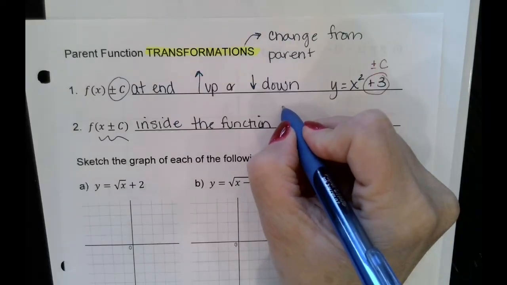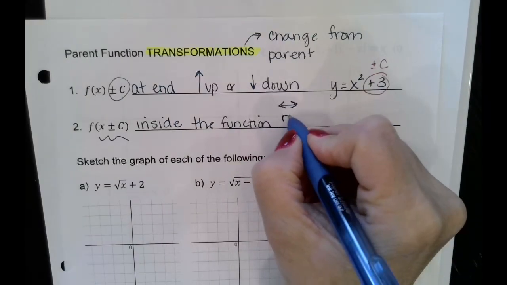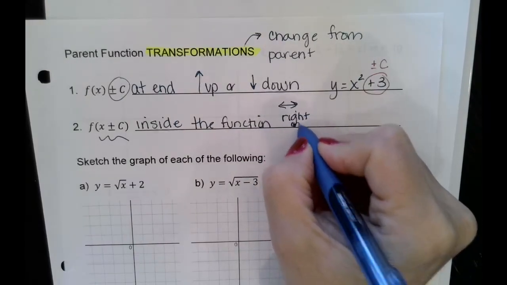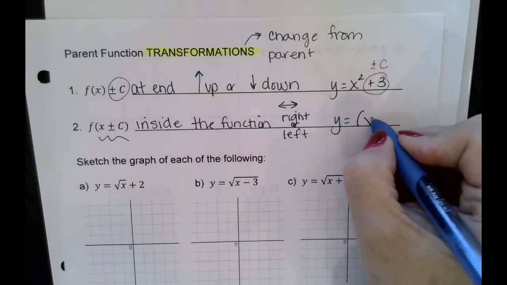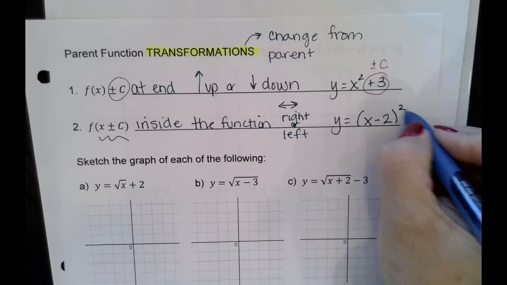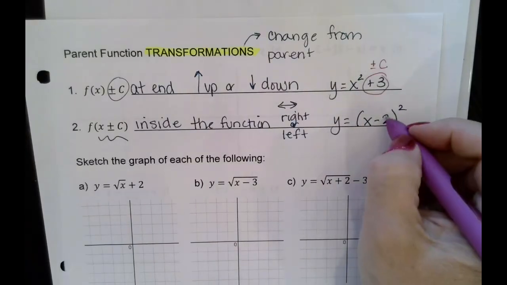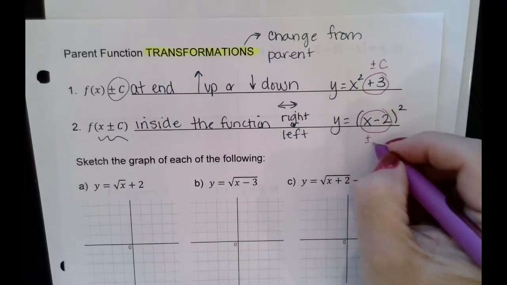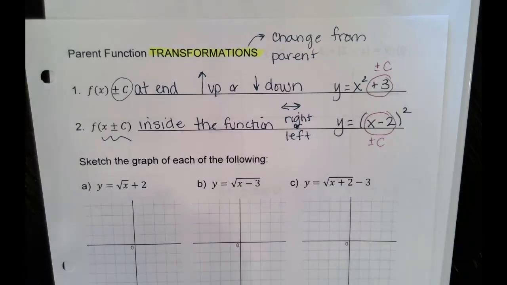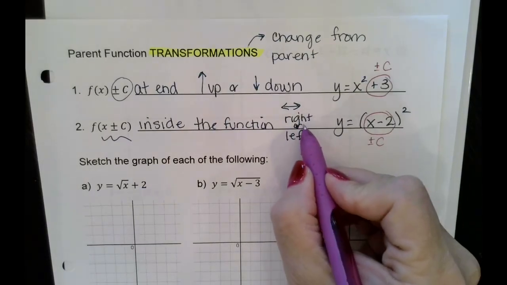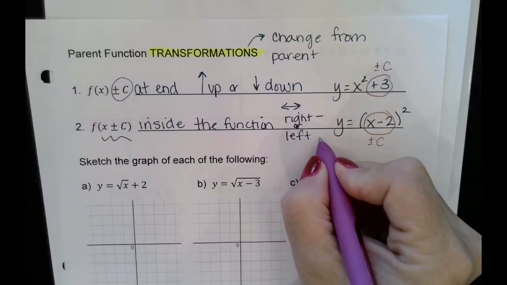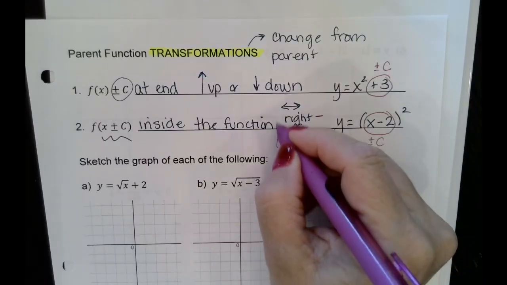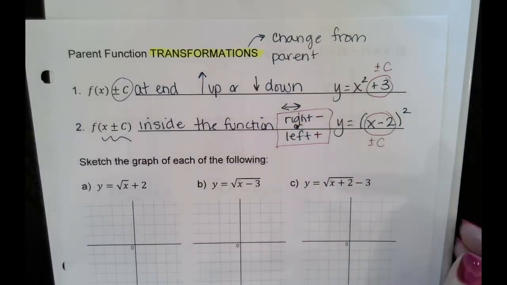Let me finish this. So it's going to go right or left. So if this is my function now, x minus 2 squared, this is my plus or minus c that's on the inside. And it's opposite of what we think. So here we're going to move to the right when it's negative, and here we're going to move to the left when it's positive. So absolutely nothing new.